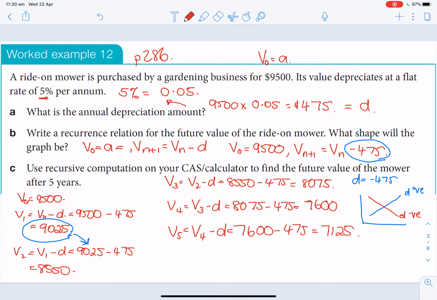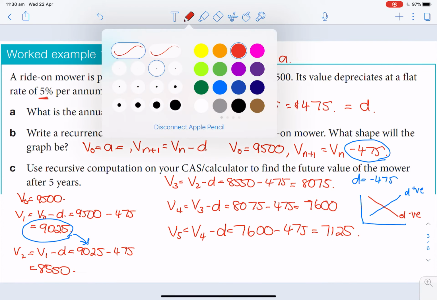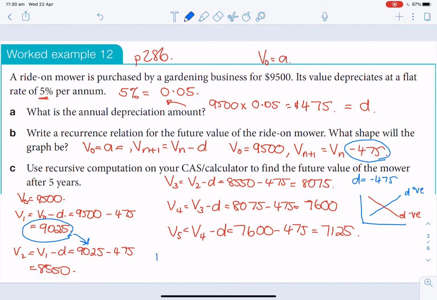So the future value of the mower after 5 years is $7,125.